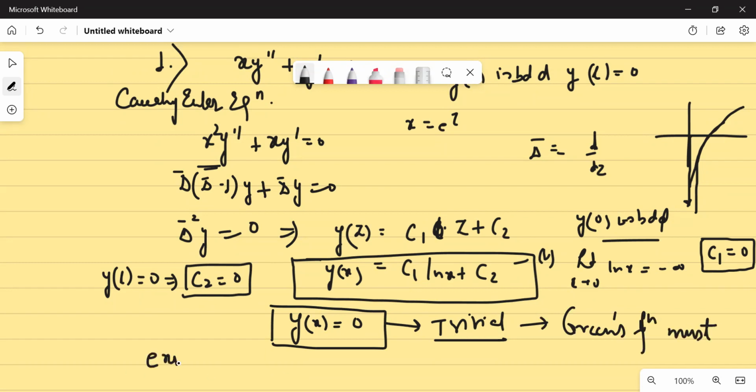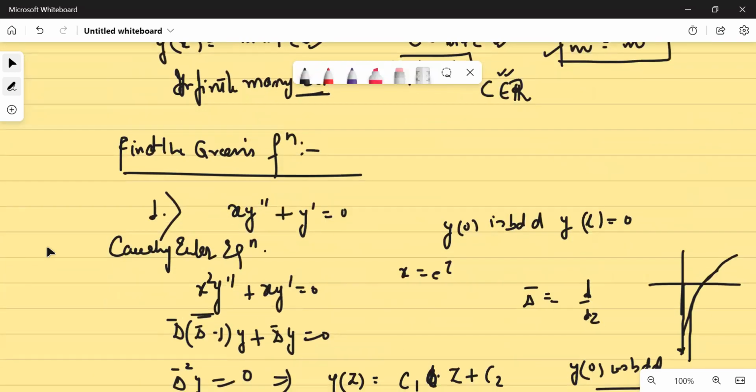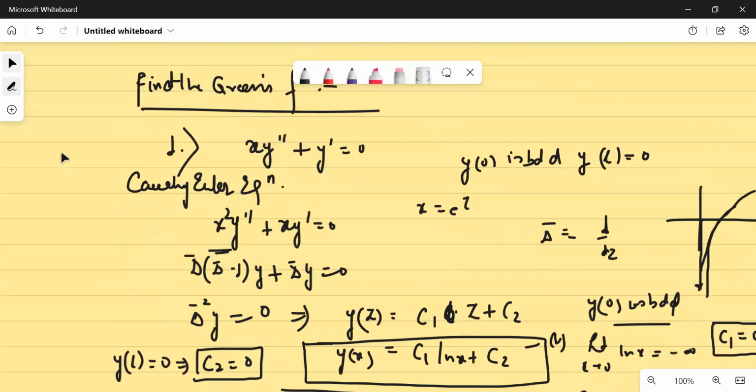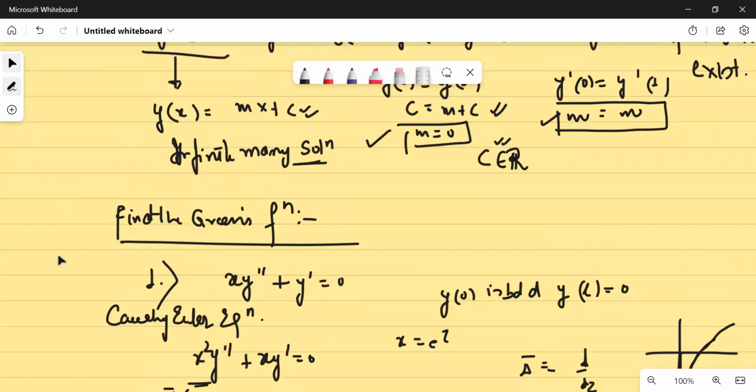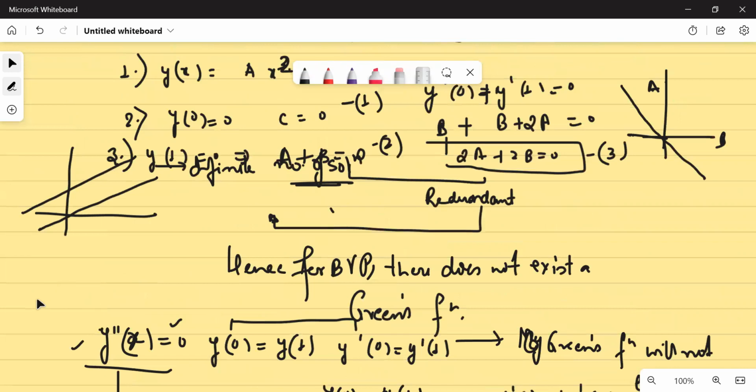Is that clear? And now let us try to figure out what the Green's function will be. I have used the theorem on existence of the Green's function. Is that clear? Am I audible or not audible?